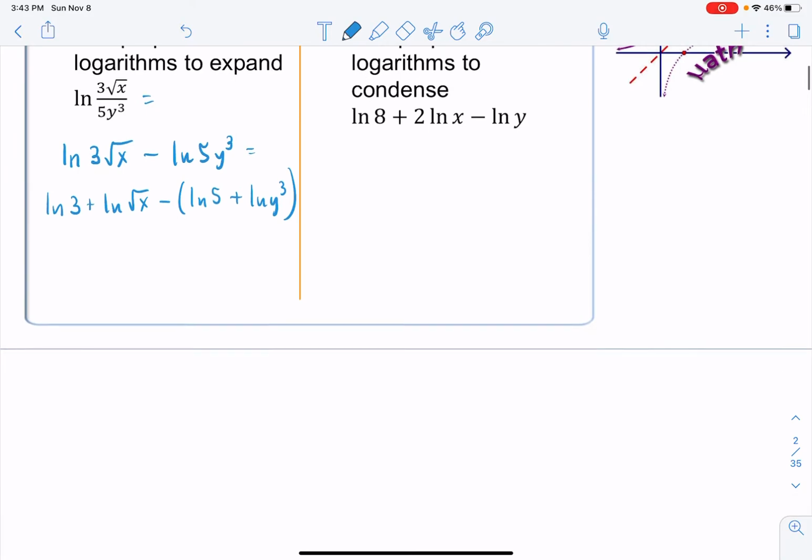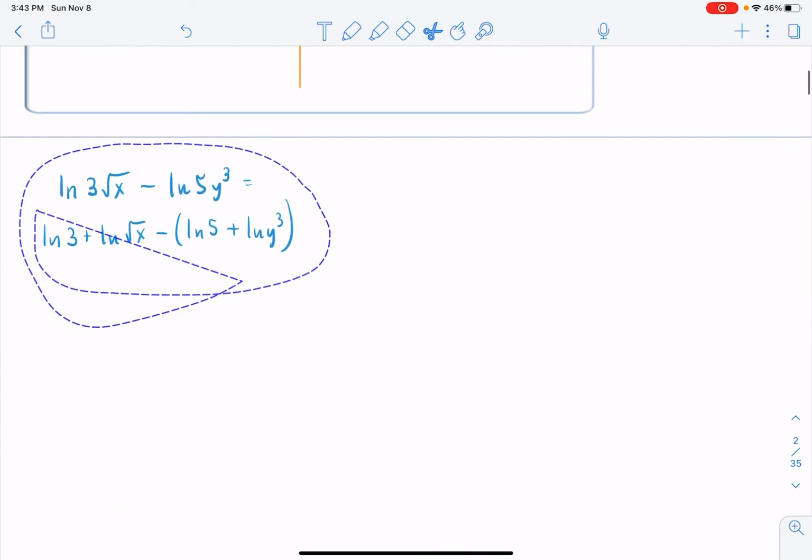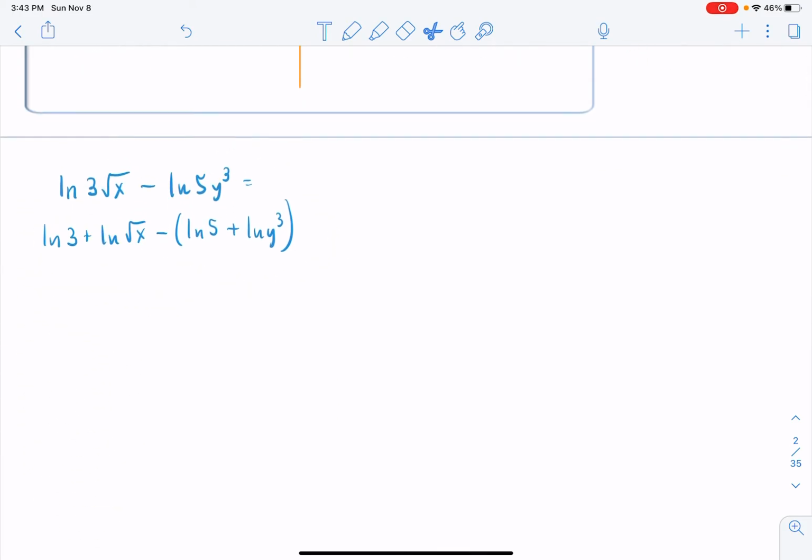I'm quickly running out of space here, so I'll bring all of this stuff down. Okay, that's good. Let's keep going because I think that we can still do some more. For example, I'm going to rewrite this as an exponent because whenever you are taking a power to a power, you're supposed to multiply those exponents. So if I look over here at this natural log of y to the third, I can take this third power right out here and multiply it.